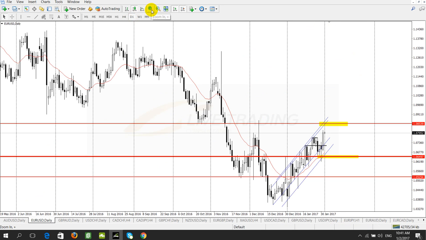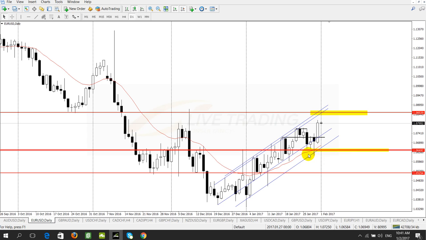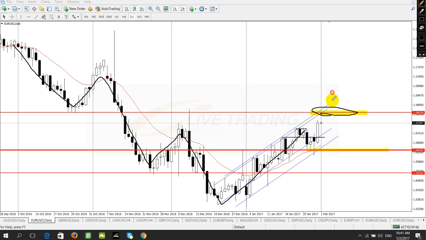So you could have thought, hey, we could have bought, since we know buyers are coming. But I'm still on the long term downtrend with EUR/USD, and I'm waiting at this zone to go short, because you can buy here but not a lot of buyers will be coming in.